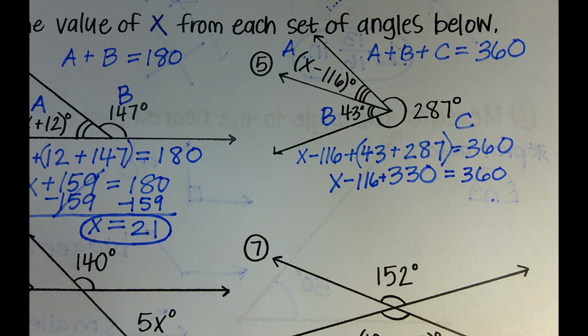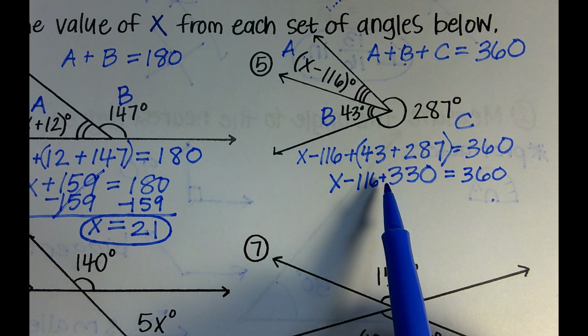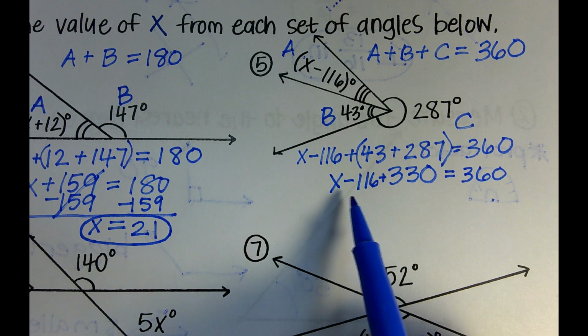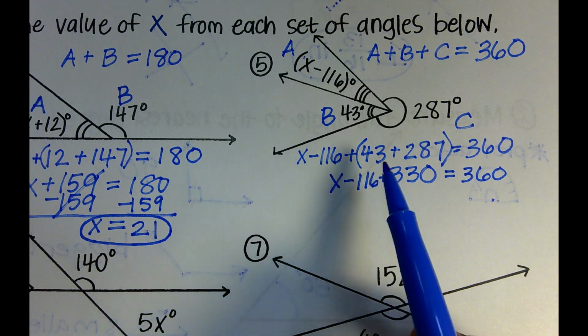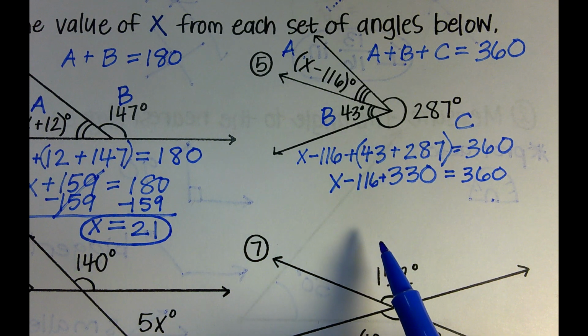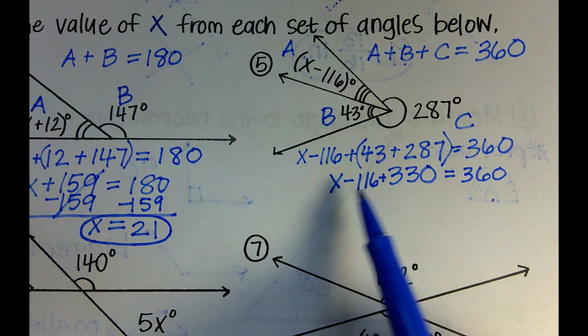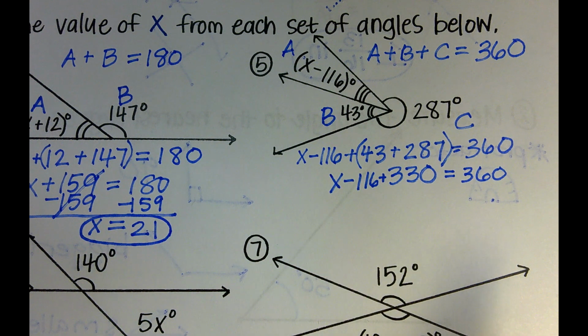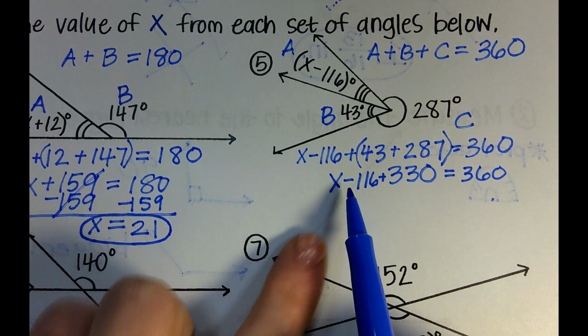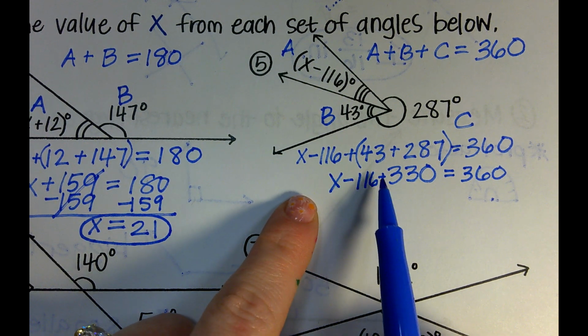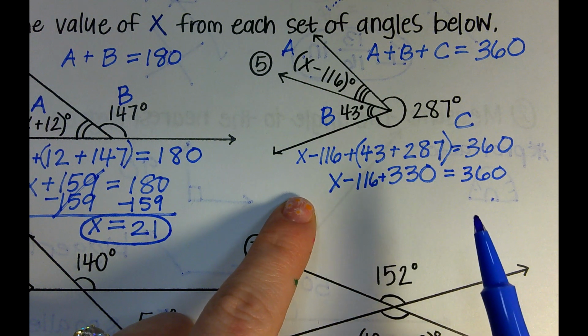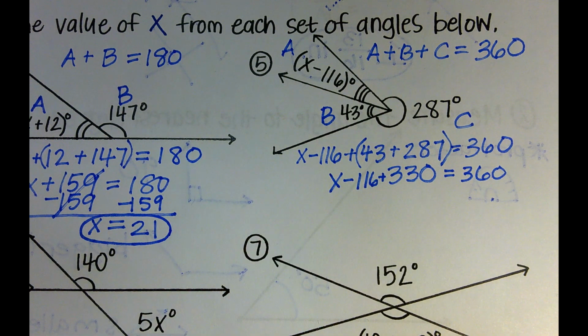Negative 116, or minus 116, and 330. So we can do 330 minus 116, or if it feels more comfortable to type in negative 116 plus 330, that's the exact same thing. So tell me what you get when you combine those two.